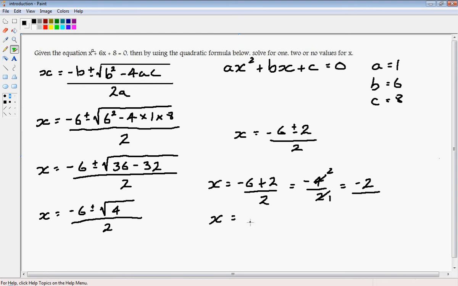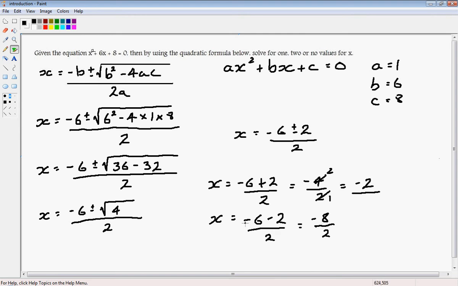And then we have the second part, x equals minus 6, this time minus 2 over 2. So we need a final answer. So minus 6 minus 2 is minus 8 over 2. Now minus 6 minus 2, the two minuses cannot touch one another, so this stays as a minus.